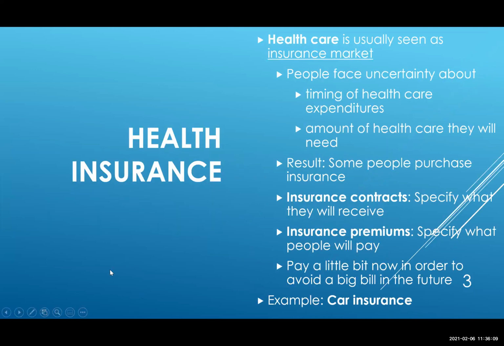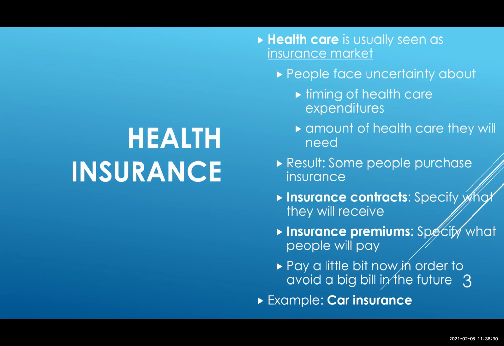Okay. So first of all, our healthcare in the United States is usually seen as an insurance market. And basically that's because we work with insurance. We don't have a government plan, right?